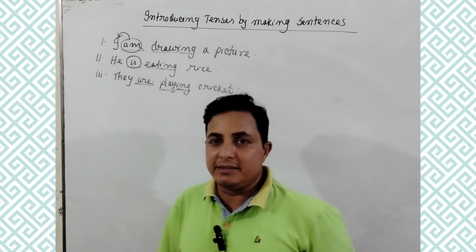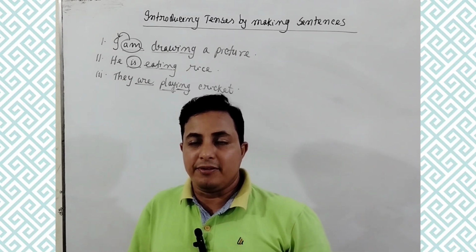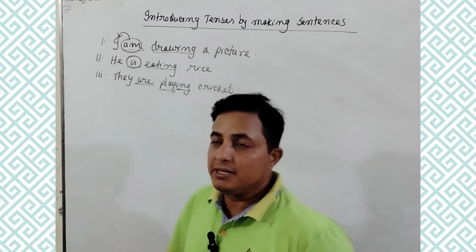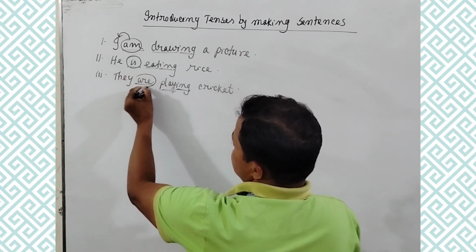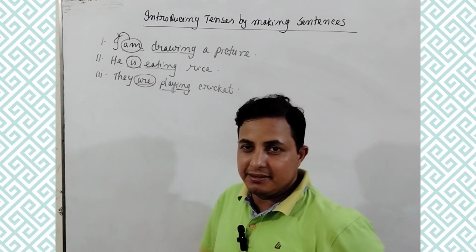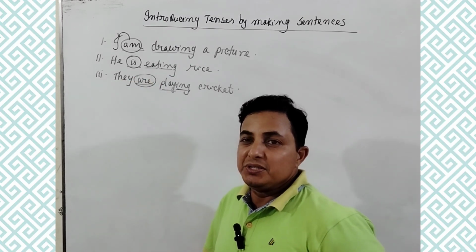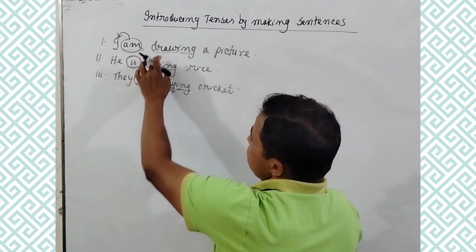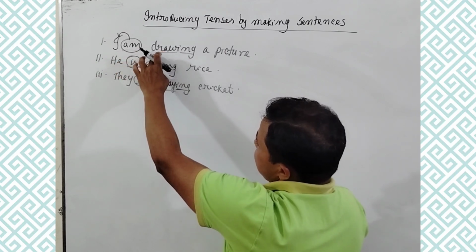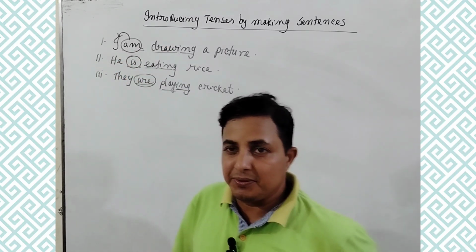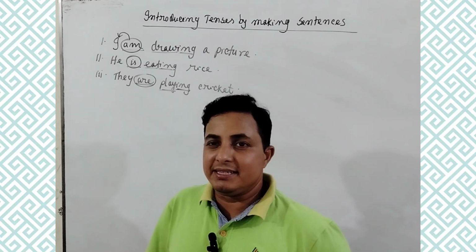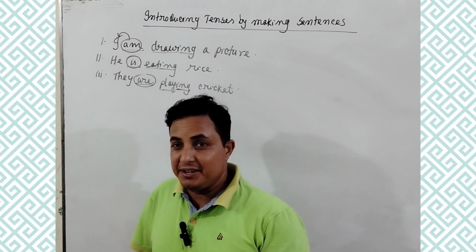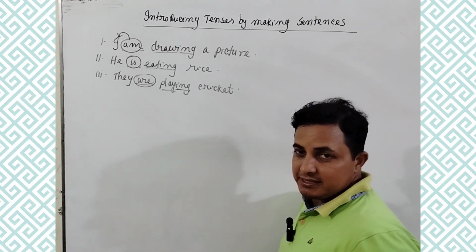And if the subject is third person plural number, first person plural number, or second person singular or plural, for both forms you can use are. Mind it. And how do you know the sentences? If you see am, is, are, and after am, is, are, another main verb with ing, you can identify this sentence very easily. You can identify it's called present continuous tense.